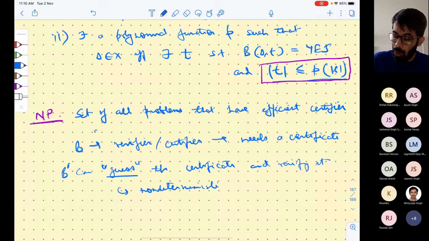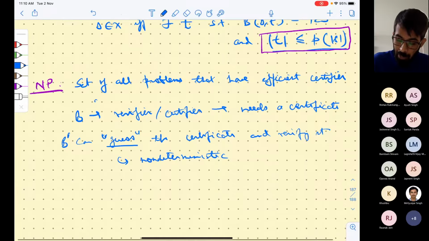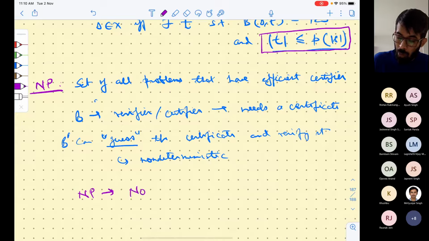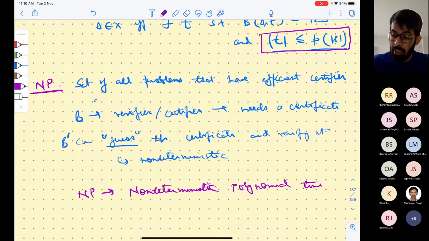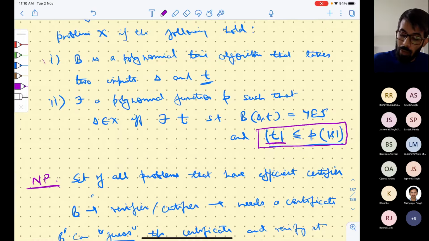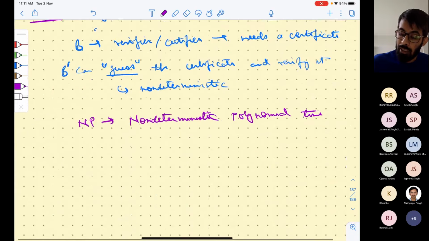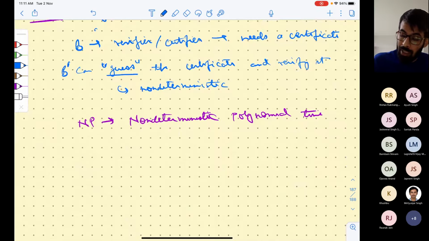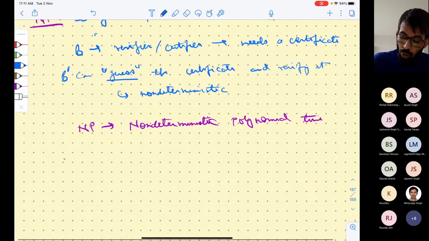I'm just saying this because I also want to motivate the name NP. So NP is non-deterministic polynomial time. Now there is just one machine which first guesses this T and then performs whatever B does on S and T. But this machine has to be non-deterministic because it has to guess T. And actually, if you want to prove something, then you might want to go through all the strings T.